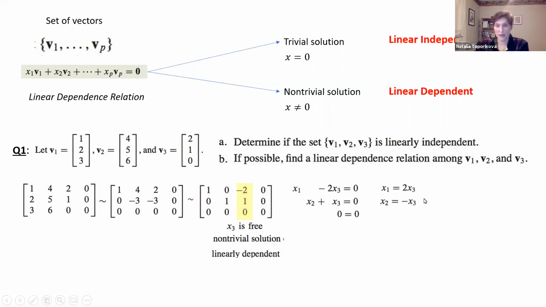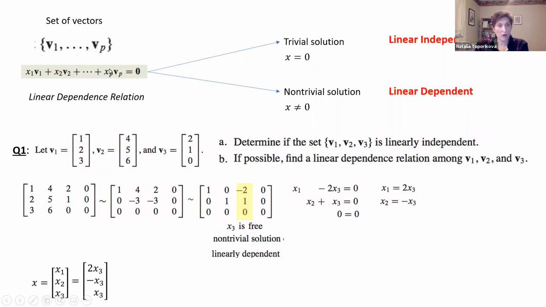So let's try to write down our vector s, which is the vector of x, in terms of our variables. Again, we have x1, x2, and x3, and we will try to write it down in terms of our free variable x3. And it forms a really nice vector.